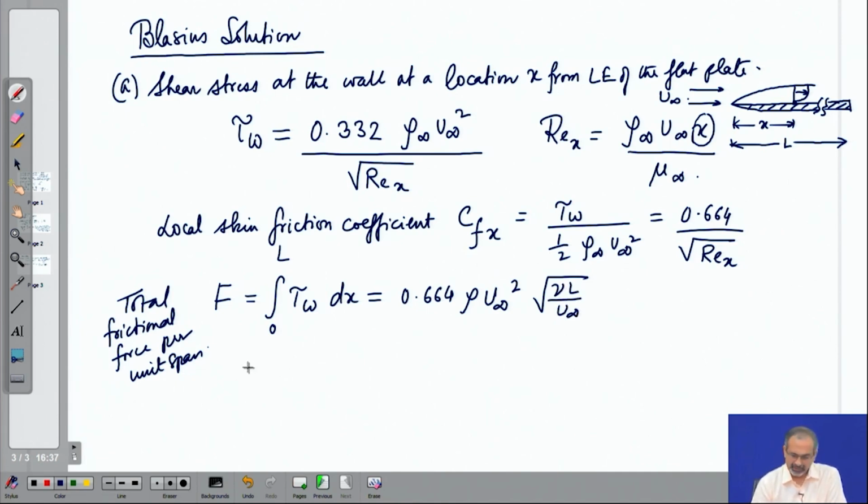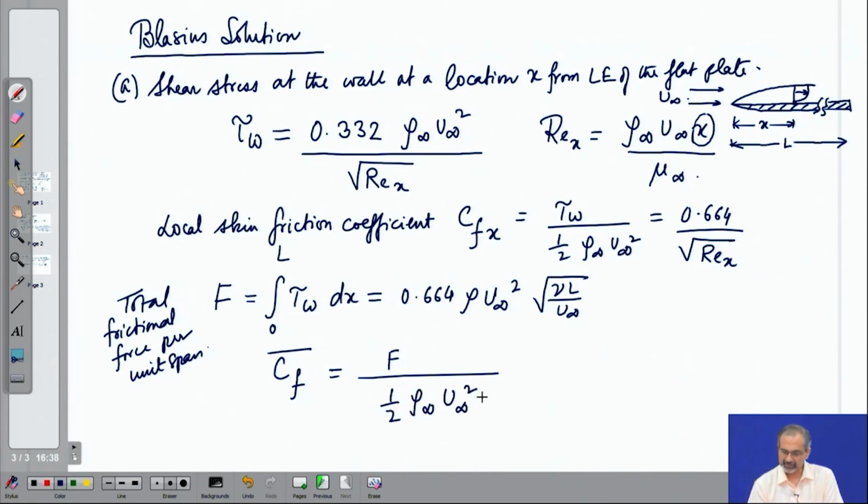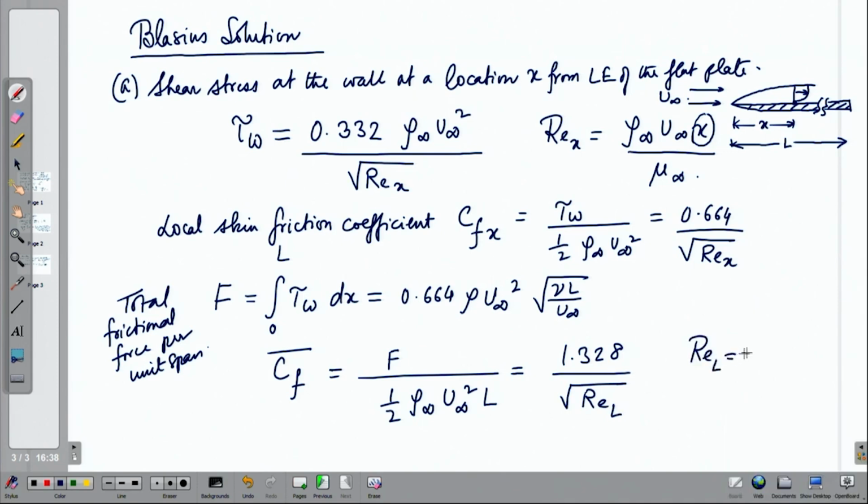Based on that, you can have an average skin friction coefficient on which we put an overbar. We basically divide this capital F by half rho infinity u infinity square L. And that comes out to be this, where REL is based on the plate length.